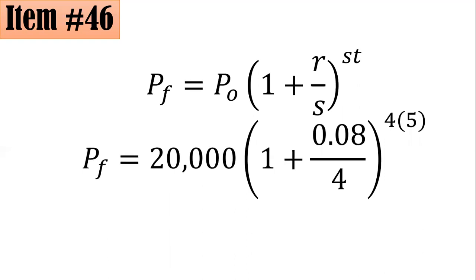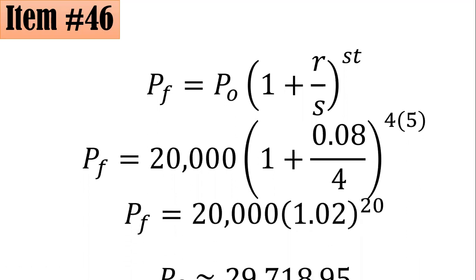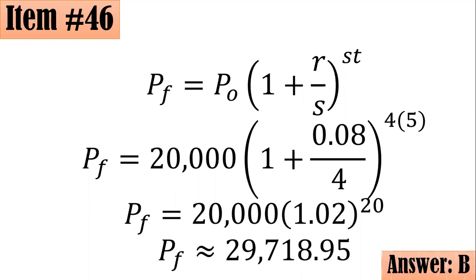By substitution, you have 20,000 times 1 plus your rate, 8%, so 0.08 all over 4, raised to 4 times 5 years. Simplifying this using your calculator gives approximately 29,718 and 95 centavos, letter B.